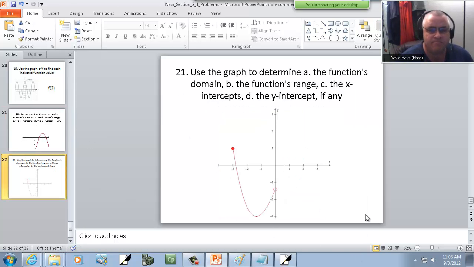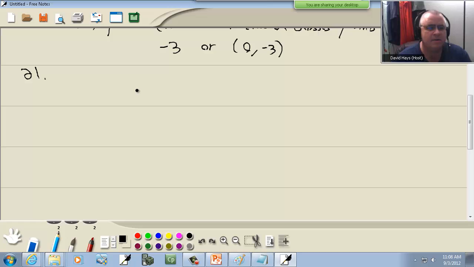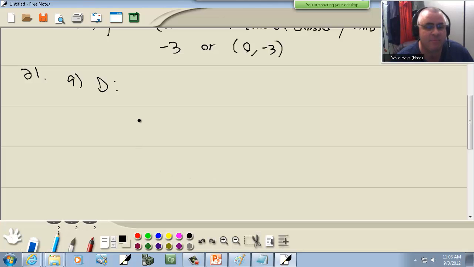Let's look at one more. Okay, first step, find the domain. Domain is your x values where your graph exists. If I look at the leftmost x value where my graph exists, this closed dot means it ends there. It doesn't go on forever. So the leftmost where it exists is -3.